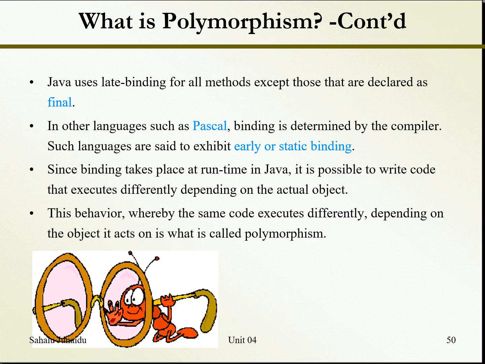Remember, from the word final, any value assigned to a final variable can never change once assigned. So if it cannot be changed, that becomes a constant, and that is why we declare that variable as final.